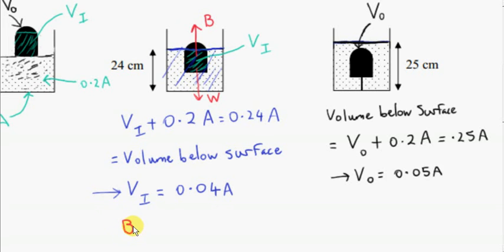We know from previous videos that the buoyant force on an object, given by Archimedes' principle, is equal to the weight of liquid displaced by the object.